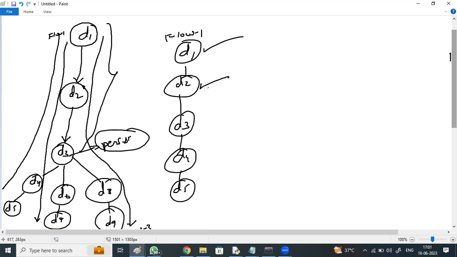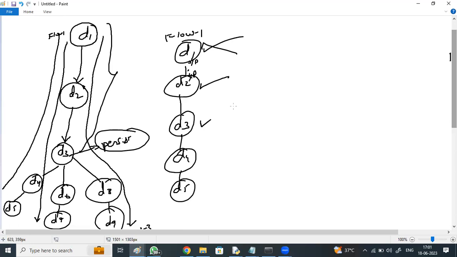When the output of D1 is taken as input by D2 and processed, D1 gets removed from the RAM. Now only D2 is available in the RAM.